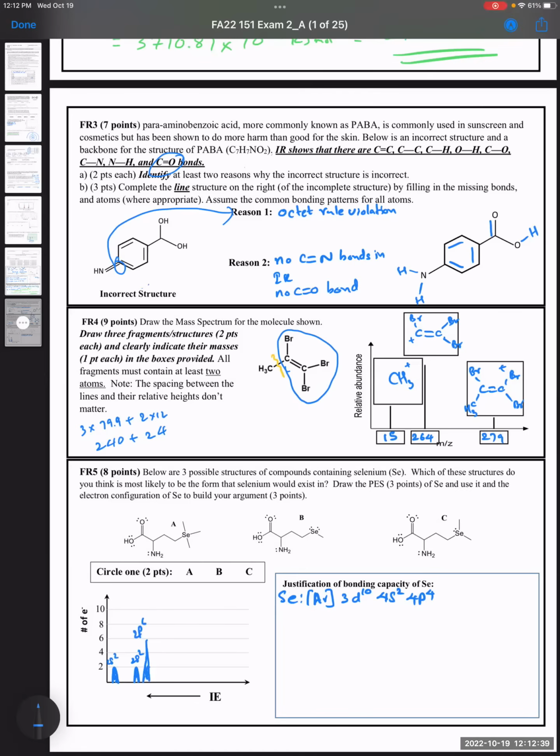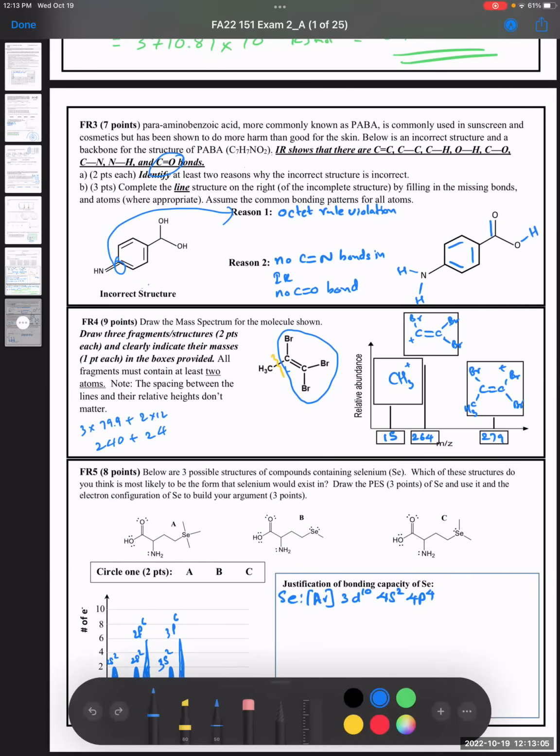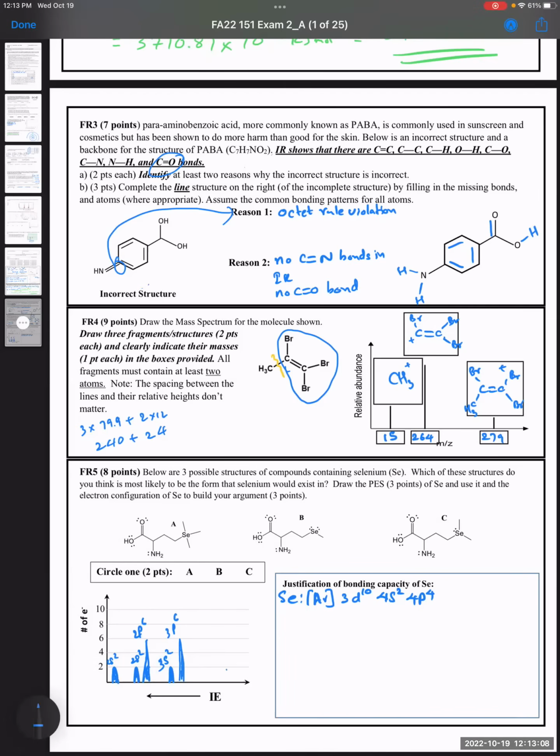Now we have 10 electrons, and then 3s2, 3p6, and then 4s2, then 3d10, and then 4p4.